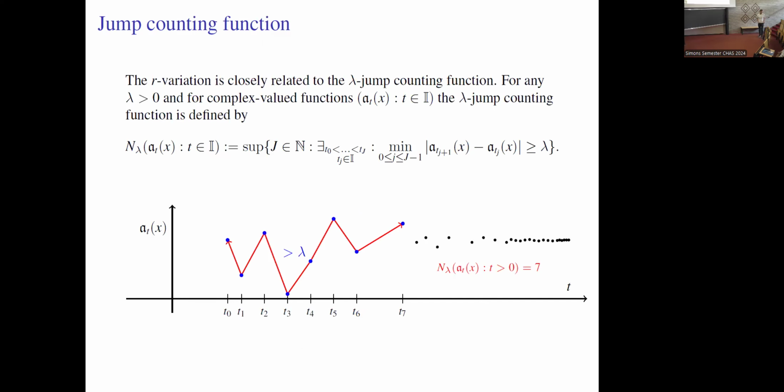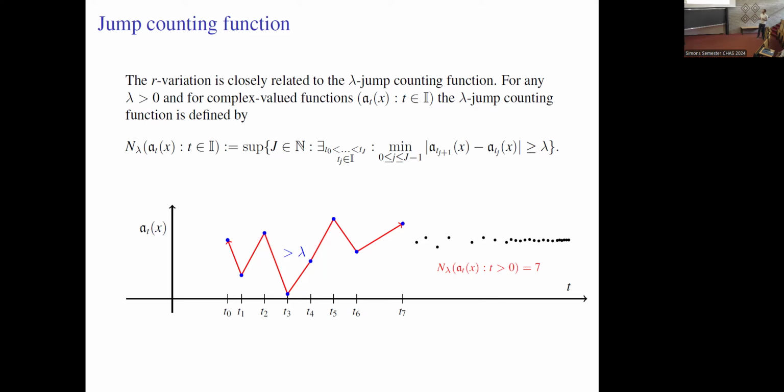All right, so this is the last semi-norm which I want to introduce. This one is, I would say, quite similar to R variations, as we will see later on. In some sense, jumps are some sort of endpoint for R variations.